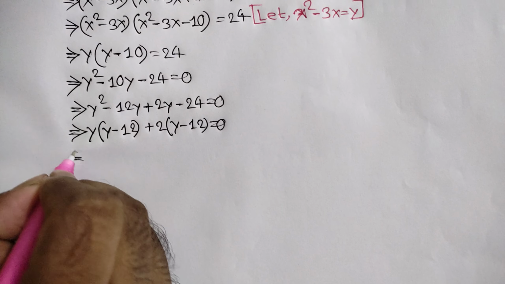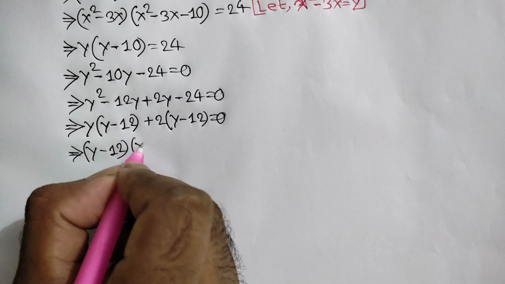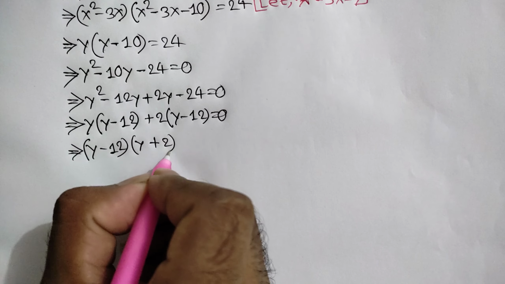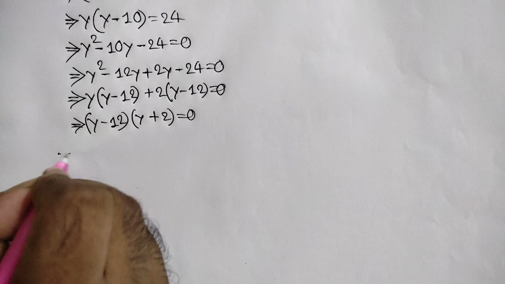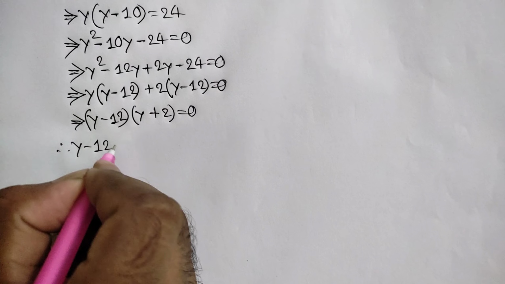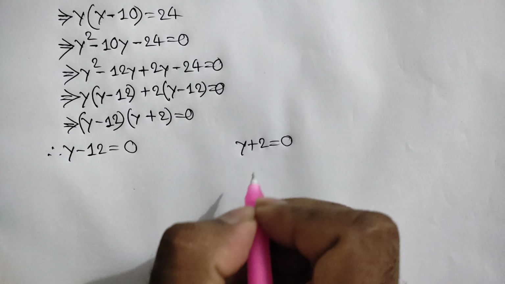Now taking common y minus 12, we get y minus 12 times y plus 2 is equal to 0. Then from here we have two solutions: y minus 12 is equal to 0 or y plus 2 is equal to 0.